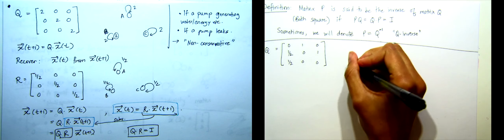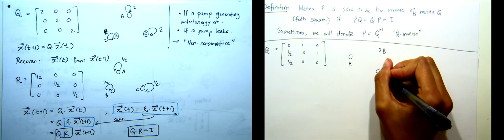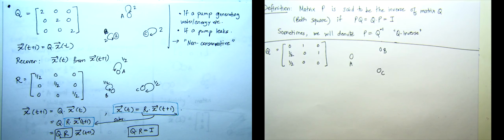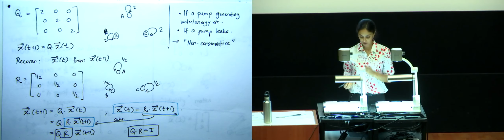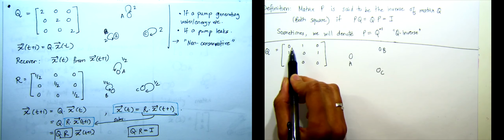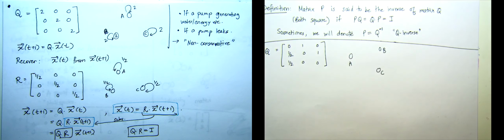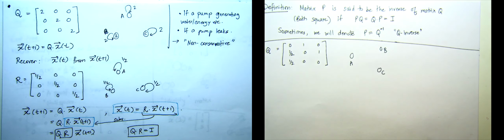So what does the diagram for this look like if I have A, B, and C? Anyone want to tell me how the arrows are going? A's water is flowing out, and where is A's water coming in from? When you're in doubt about how to draw the transition diagram or how to draw the matrix, just go step by step and write out all of the equations.